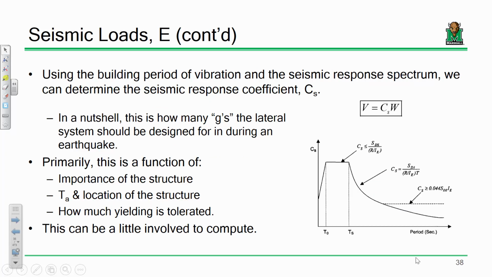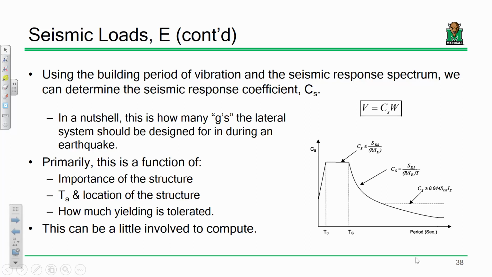All right. Now, once you determine the period of vibration of the building, there's a couple other parameters that go into that. But basically, the idea is, okay, I've got the period of vibration, and I've got my design acceleration. So based on the period of vibration, I can go here, look up, and okay, there's my acceleration.